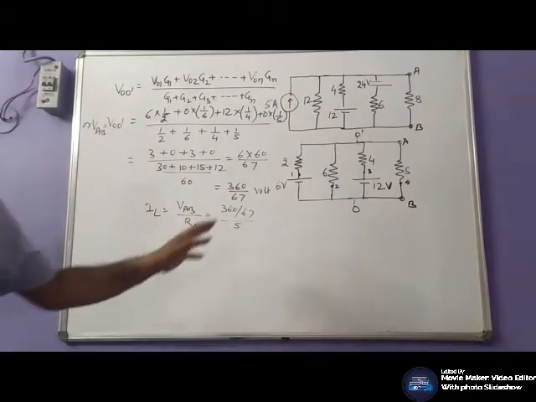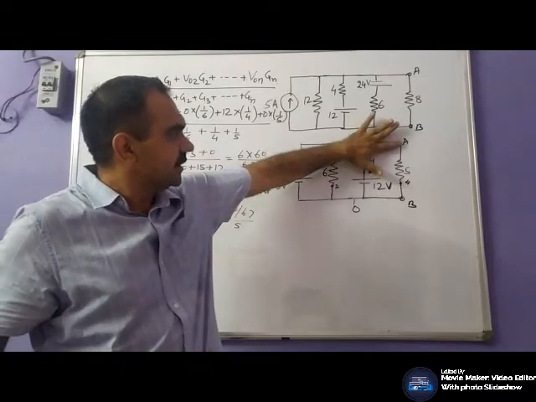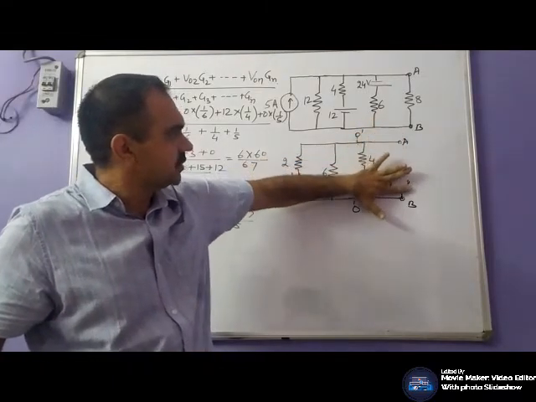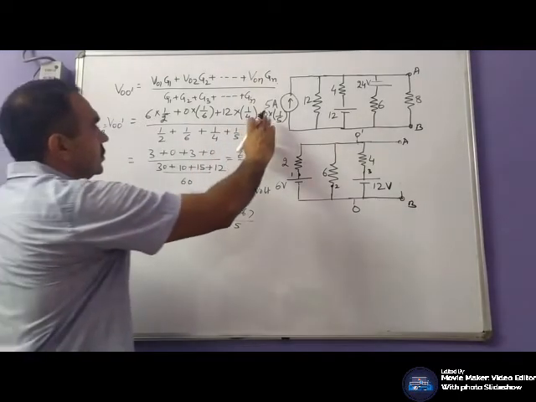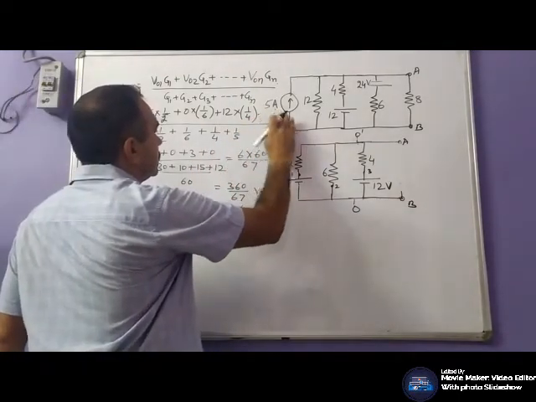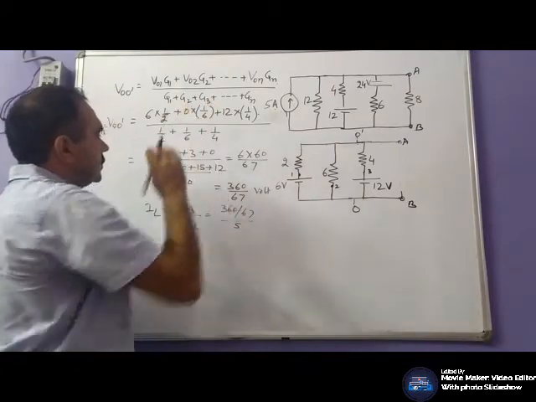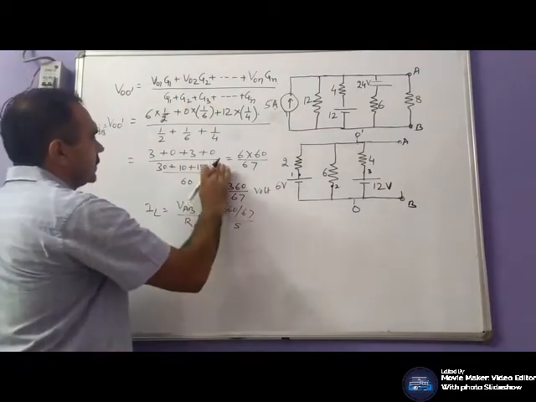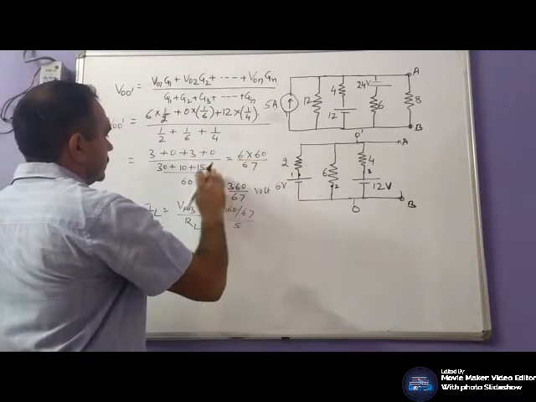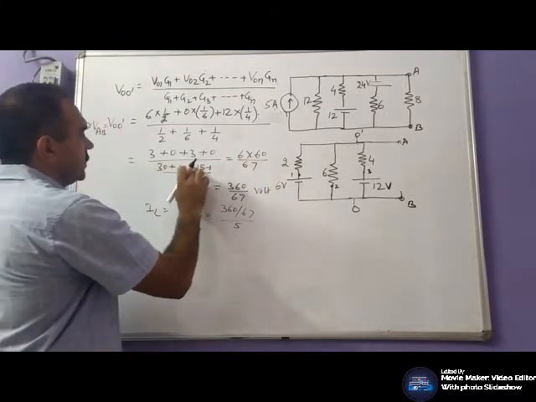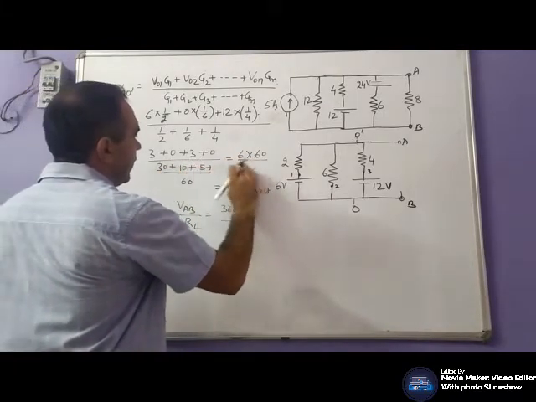Now the same can be simplified like Thevenin's theorem. Remove this load branch. Now we would have 40, 50, 55.